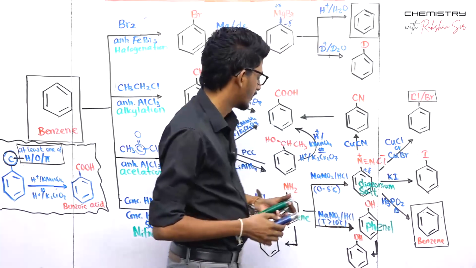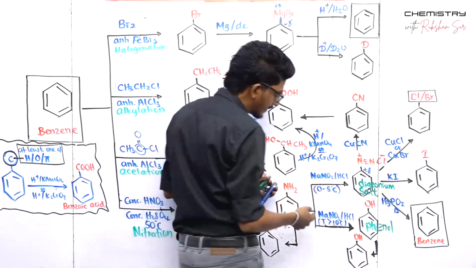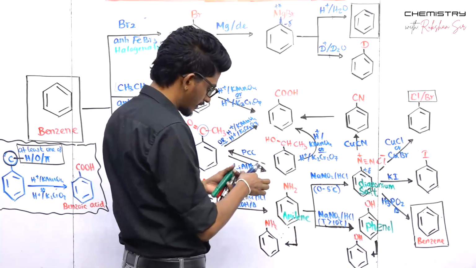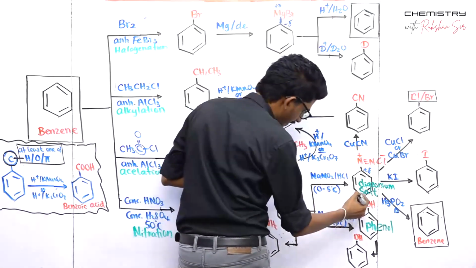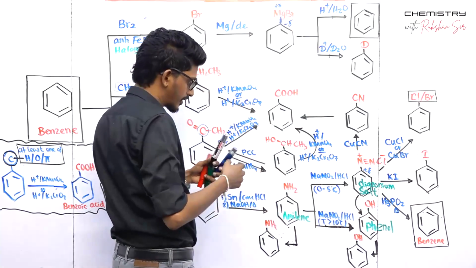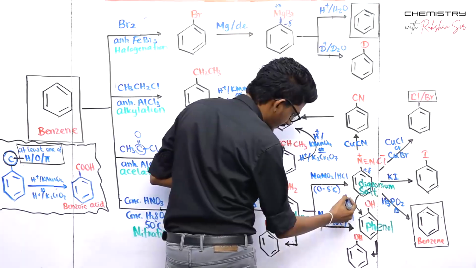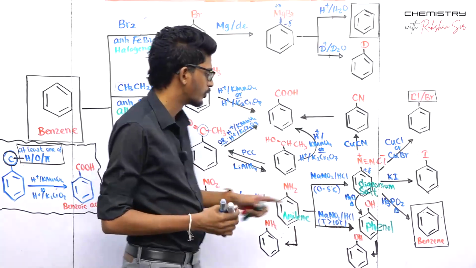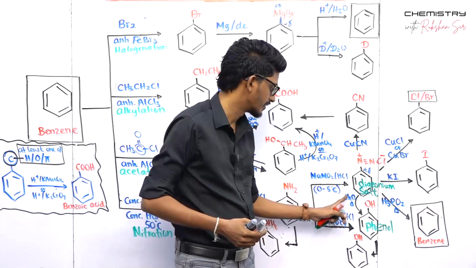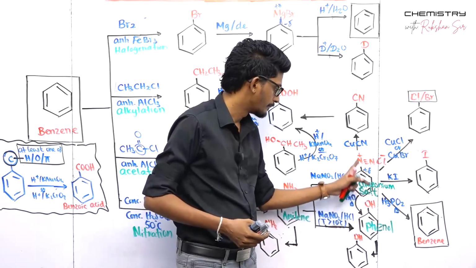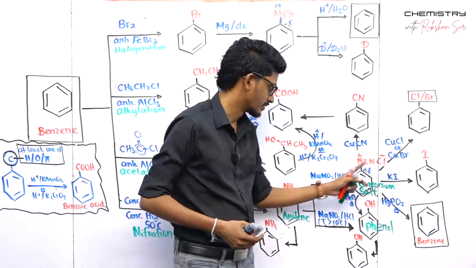The diazonium salts can be converted to phenol as well, by just adding some water and heating. Water, meaning H and OH, will supply the OH group by releasing this N2, right?